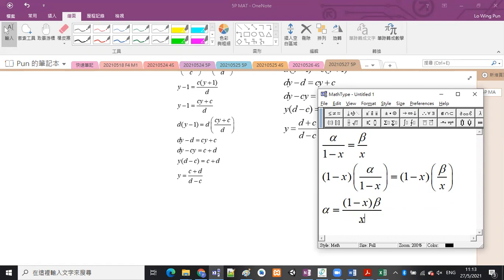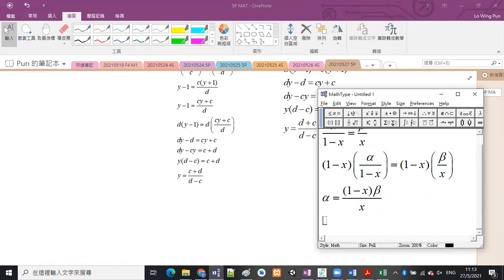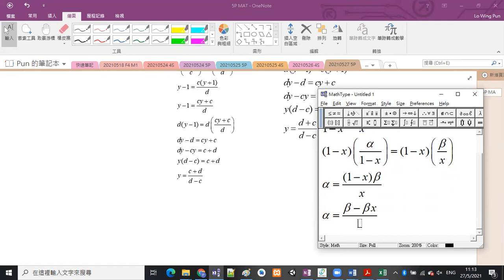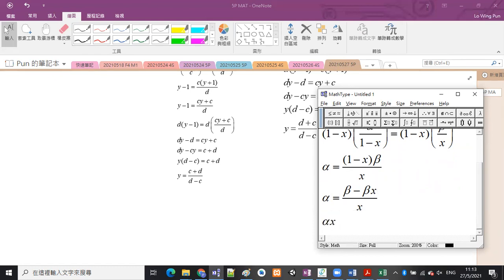Can you follow? And normally we will expand the bracket. So alpha is equal to beta minus beta x over x. And then just multiply the second denominator x to every term in the equation. So it's alpha x is equal to beta minus beta x.